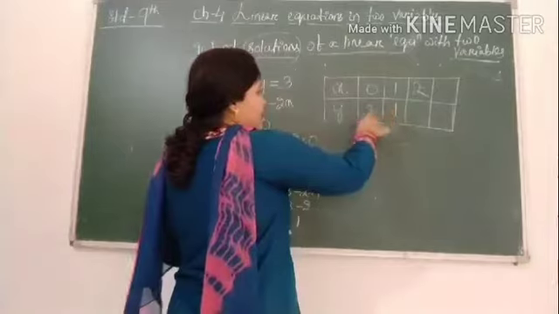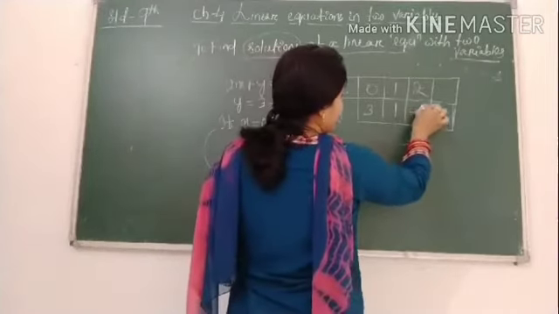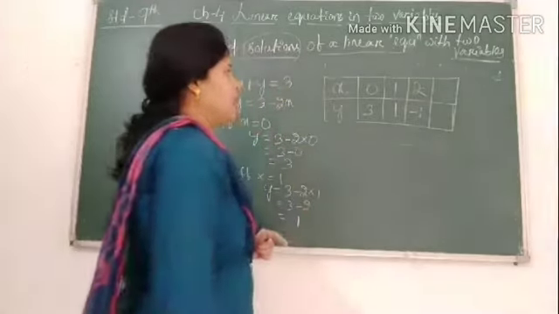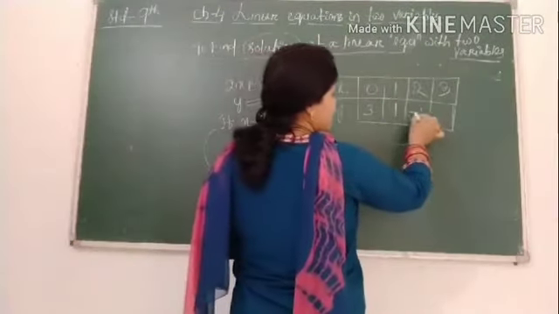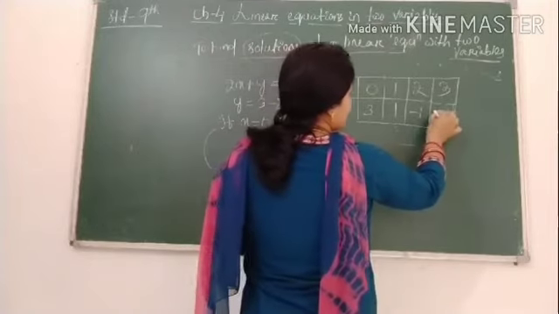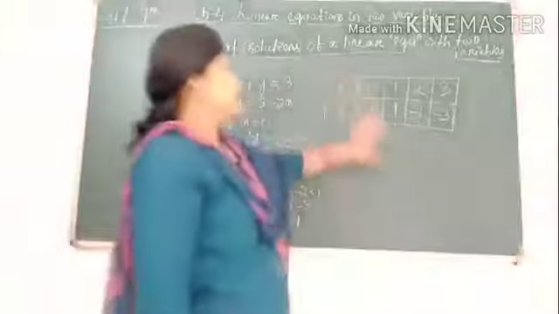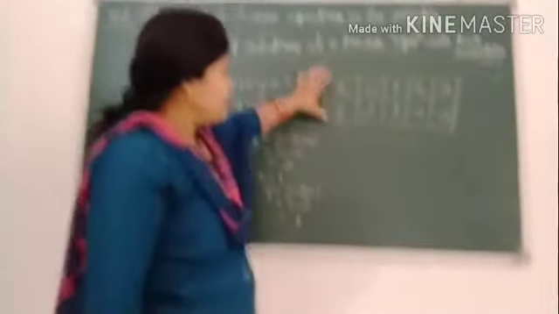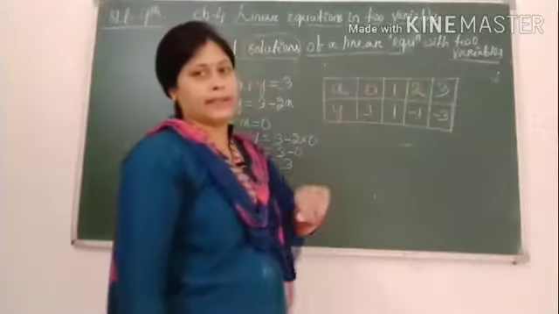If I subtract 2, then I will get minus 1. Like the same, I only have to add 1 in x, and here minus 2 will decrease, so minus 3 will come. Got it or not?